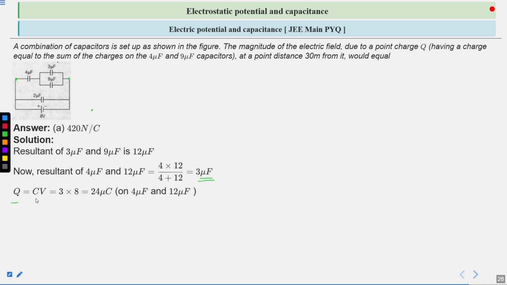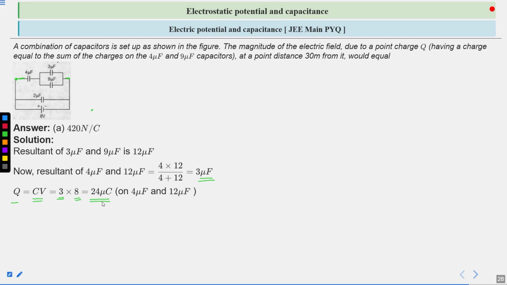So Q equals CV. Since this 2 microfarad and this combination of 3 capacitors are in parallel, the potential difference across these two branches will be 8 volt. So 3 into 8, 24 microcoulomb is the charge in this whole branch.